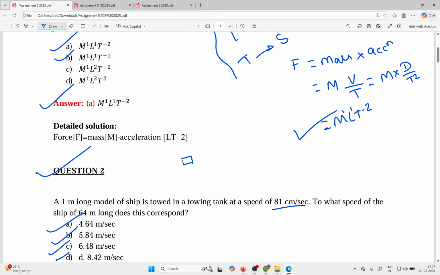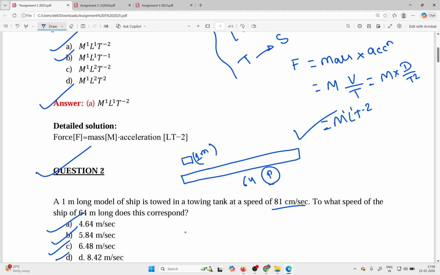So here, let us assume you have a 1 meter model. Now you have 64 meter, that is your prototype, the original thing. The 1 meter model is towed in a tank at a speed of 81 centimeter per second.